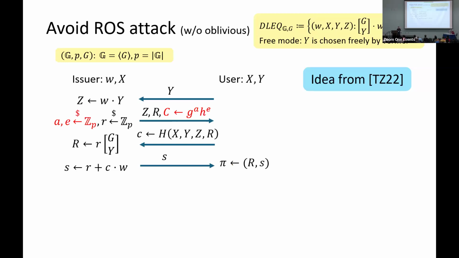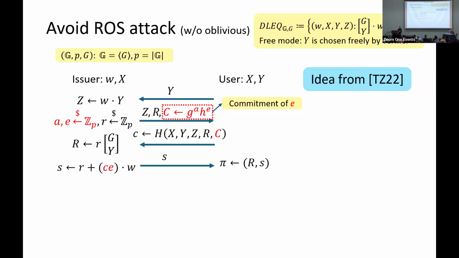To avoid the ROS attack, we utilize an idea from prior work. For simplicity, here we do not consider obliviousness. The core idea is that the issuer will sample a commitment of a random value E, and then the issuer computes the response the same as before, except the secret is now multiplied by E. The issuer sends the opening of the commitment back, and it is also added to the proof.